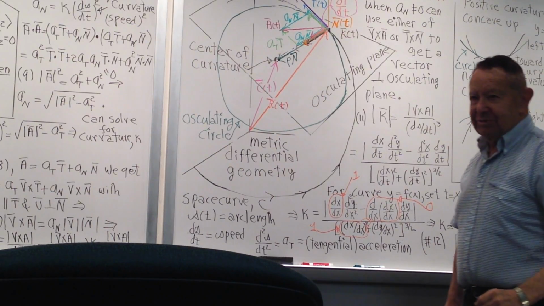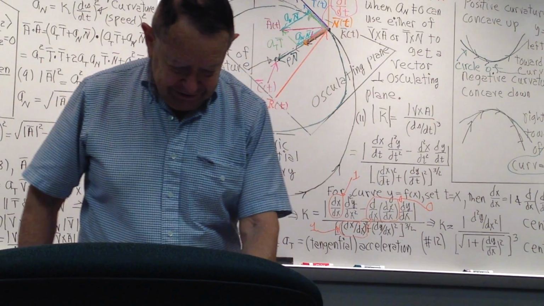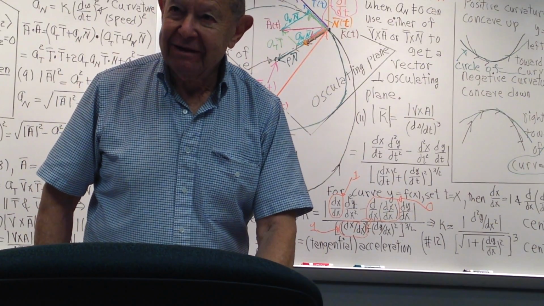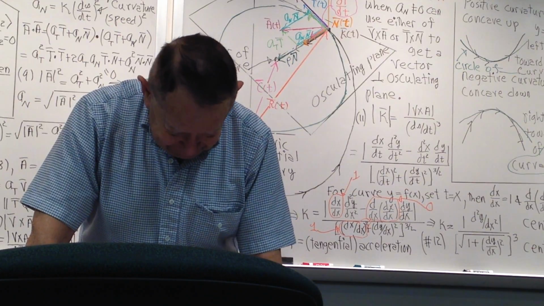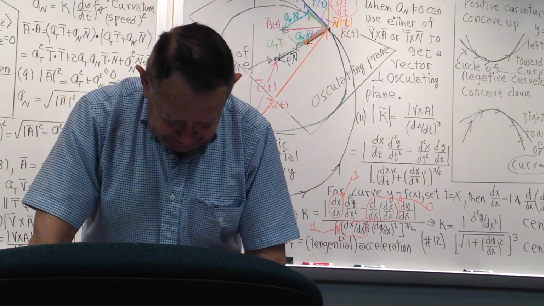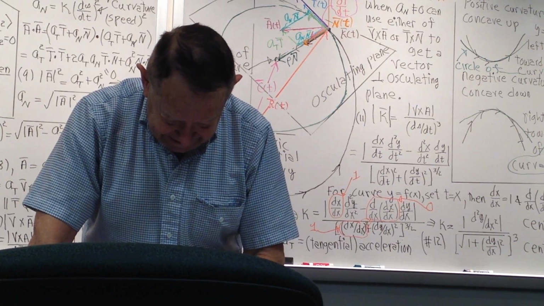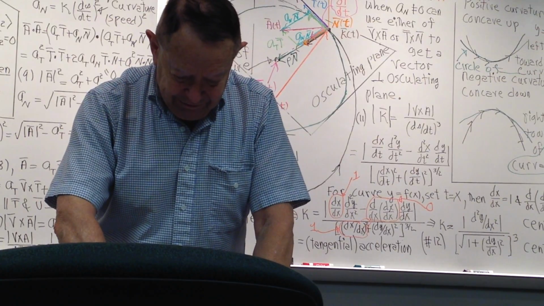And I dearly wish Maple would not do that because it makes it much harder to read, I think. But anyway, with that assumption then, if you do the TNB frame, it'll give you a reasonable answer.